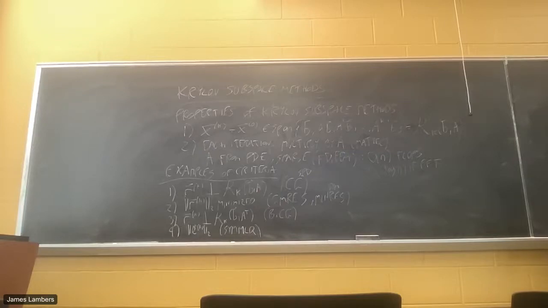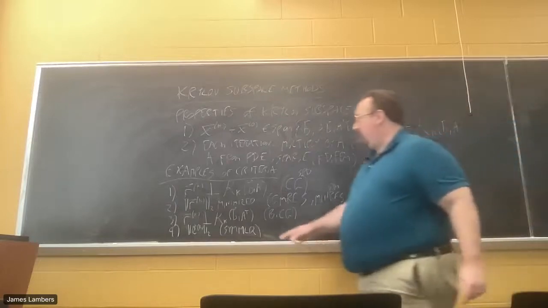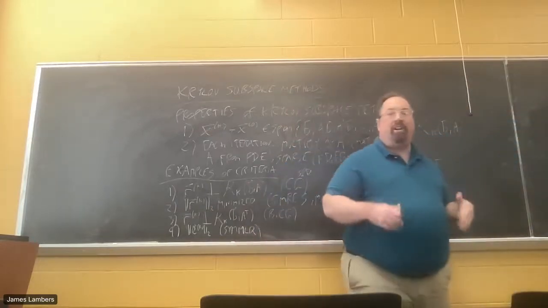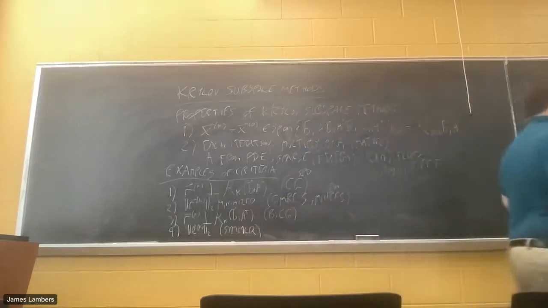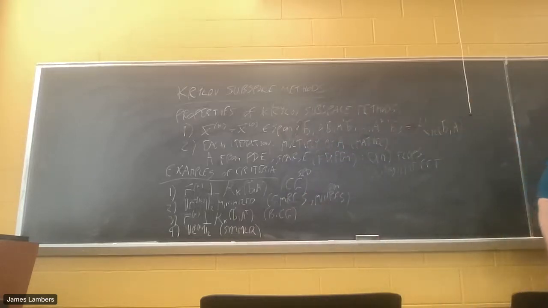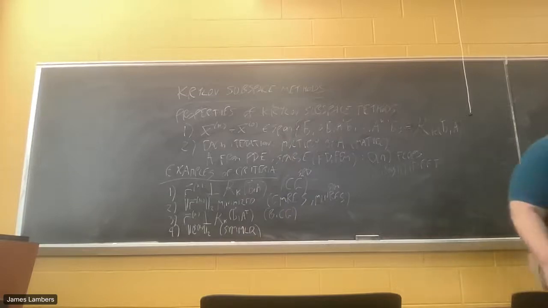Yeah, so the residual is still B minus AX. So either way, it's orthogonal to an increasingly large subspace. And the idea is if eventually you make the residual orthogonal to the whole space, then it must be zero. But even though you're not going to take very many iterations, hopefully the residual is at least small by being made orthogonal to a large space.